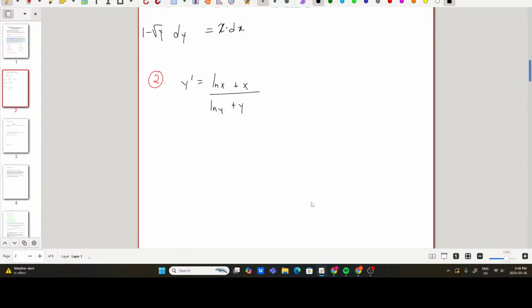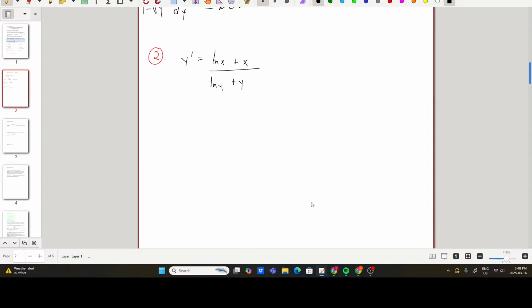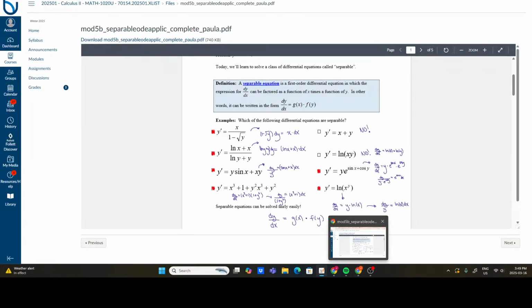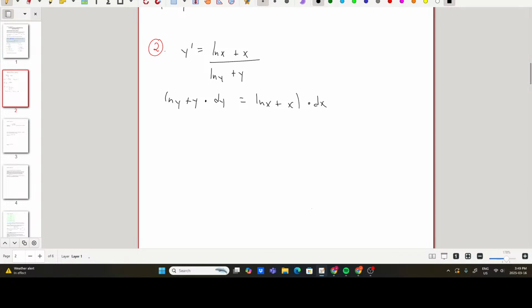I could multiply by the natural log of y plus y here, and this is indeed going to be separable. So I would have the natural log of y plus y, multiplied by dy, equals the natural log of x plus x, times dx. I just put it in brackets for safety. And this is indeed separable.